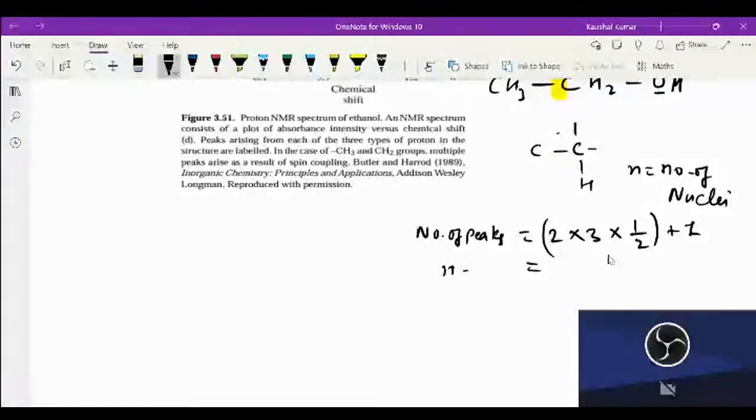You have to solve the equation. That's it. So you will get 4 peaks.